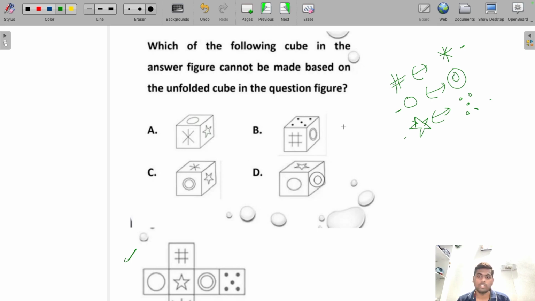Now option C: star is coming from the first row, double O from the second row, hash from the third, so this will not come. This O is coming from the second row, and this double O is also from the second row, that's why this is not possible.